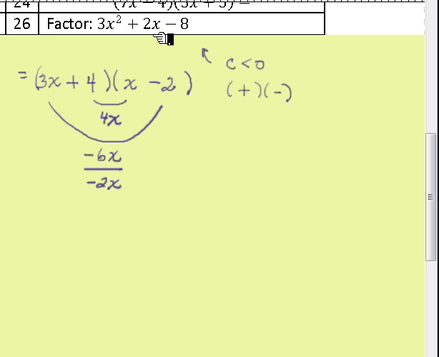Now our middle term is plus 2x. We got a minus 2x, so since the sign is different, that means we have to switch these signs. So we're going to make this minus and this plus. So the correct factorization is 3x minus 4, x plus 2.